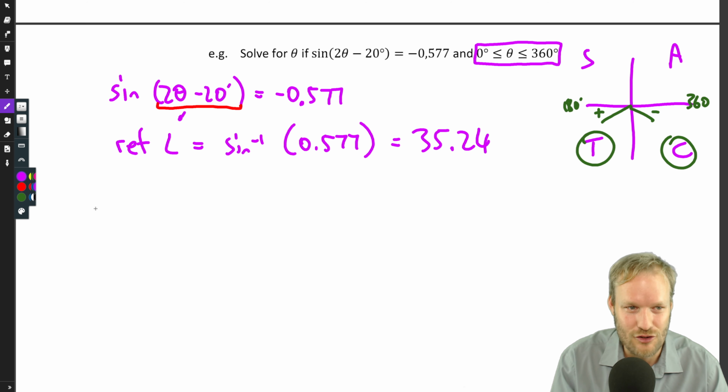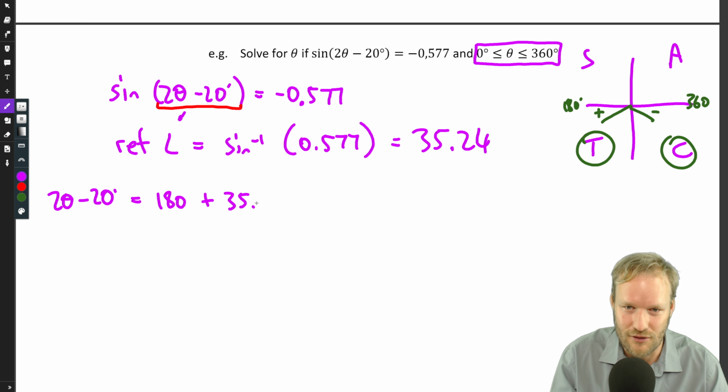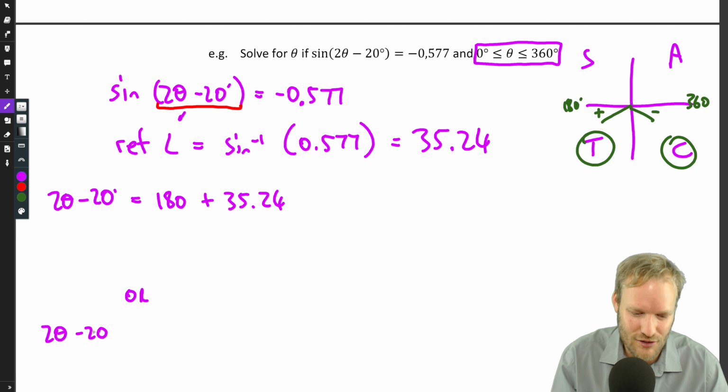So therefore, our two solutions are 2 theta minus 20 is either 180 plus the reference angle, because that would be the one option, or, and I like to just leave a gap so that we can work like this, or you can put them left and right of each other.